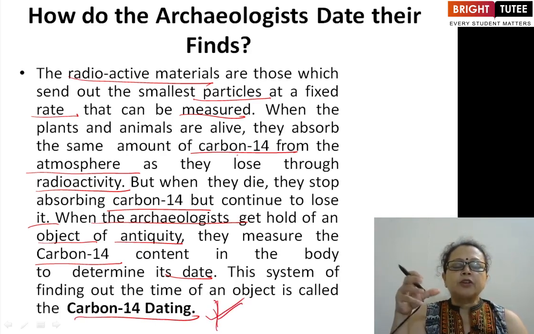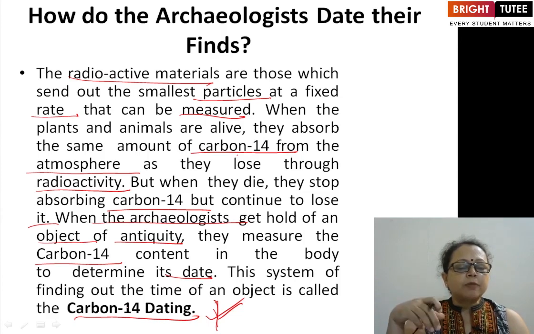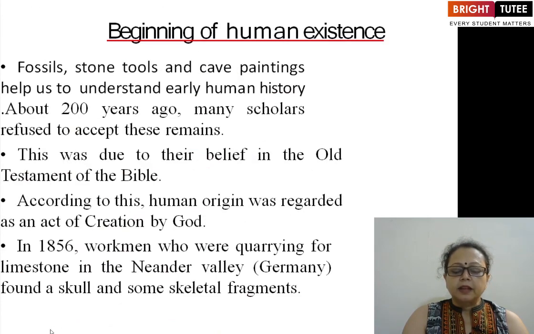Archaeologists try to find out how long back these objects were existing in the past. So the past history of the objects can be taken out with the use of carbon 14 dating.